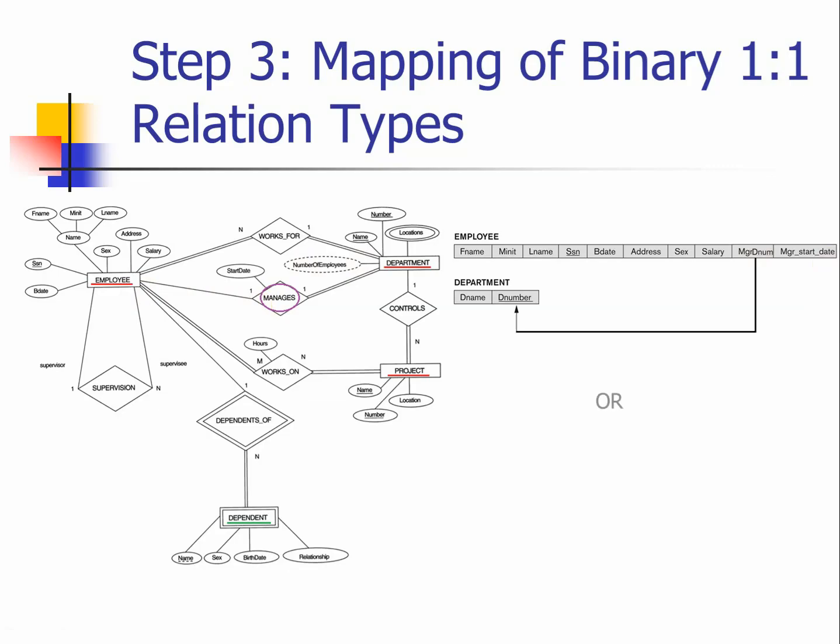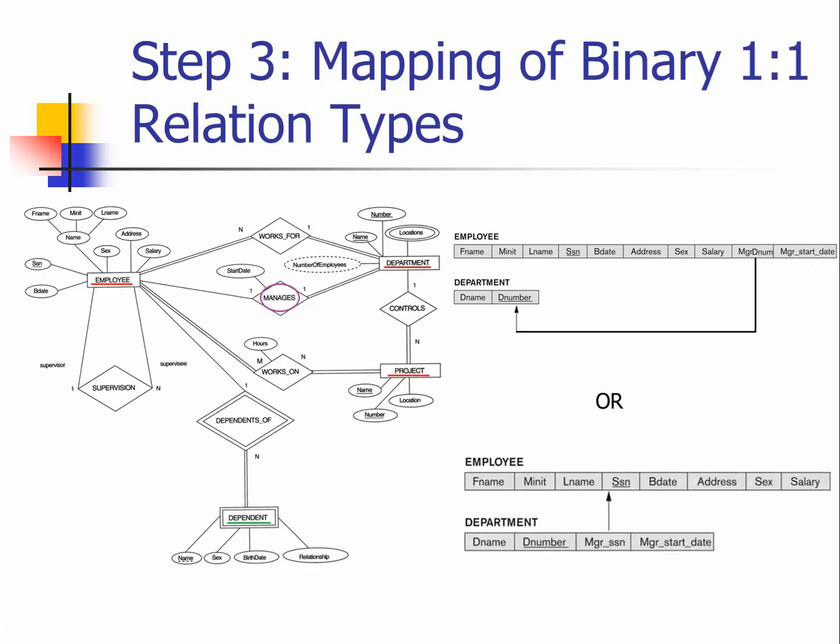Let's take a look at the other choice. The other choice is that we make this relationship a foreign key on the double-line side, the total participation side. We take the manager and come in here, so we take the primary key over here and name it manager SSN, indicating who is the manager of that department, and form a foreign key going back to the primary key of the other side.